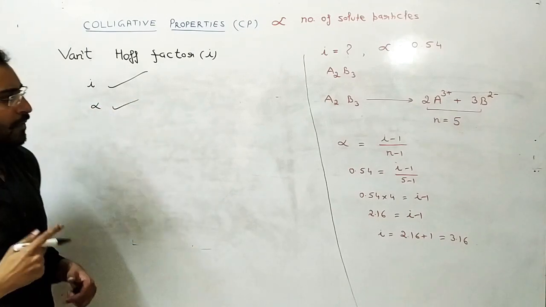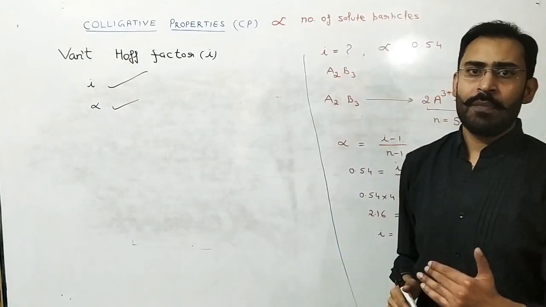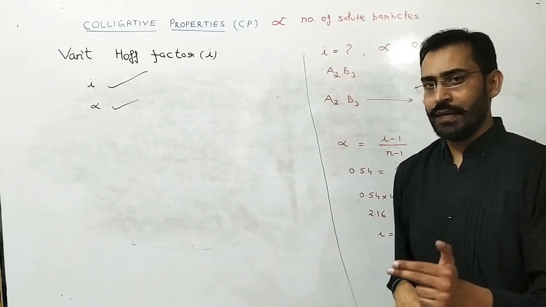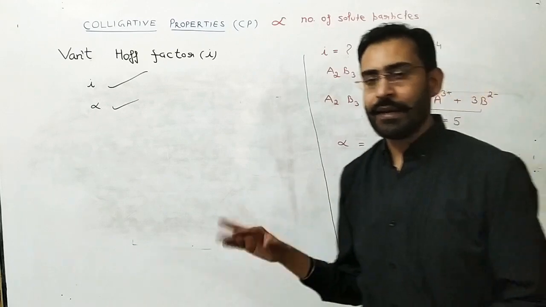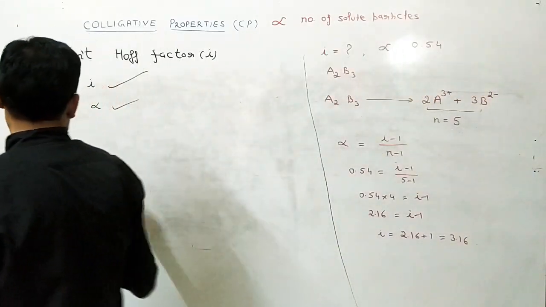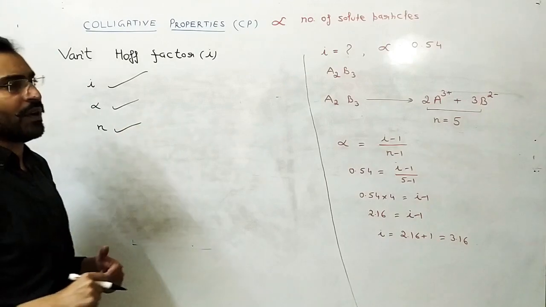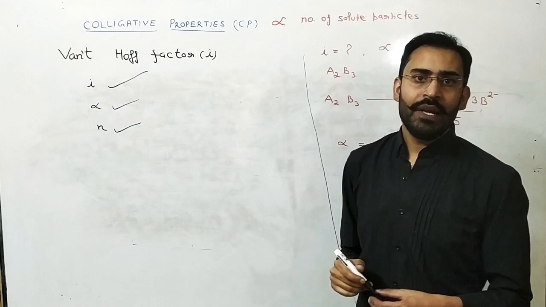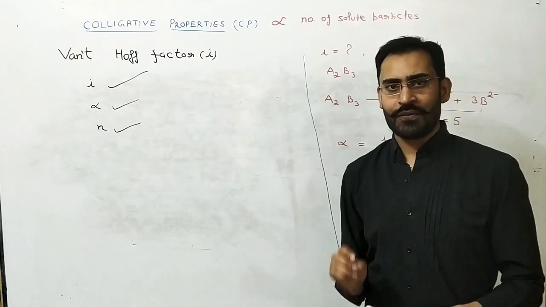Alpha is the ratio of the number of solute particles which actually get dissociated or associated to the number of solute particles taken. Then n: n is the number of particles formed by the complete dissociation of one molecule of solute.